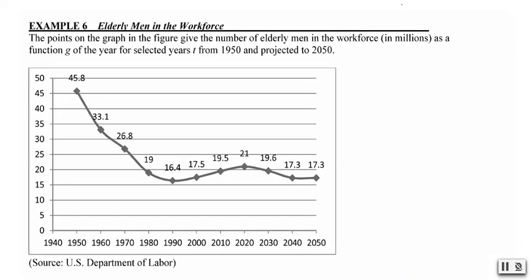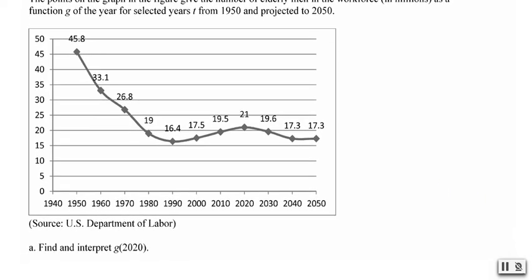Right, the points on this graph in the figure give the number of elderly men in the workforce in millions as a function g of the year t for selected years from 1950 and projected to 2050. So they want us to find and interpret g of 2020.